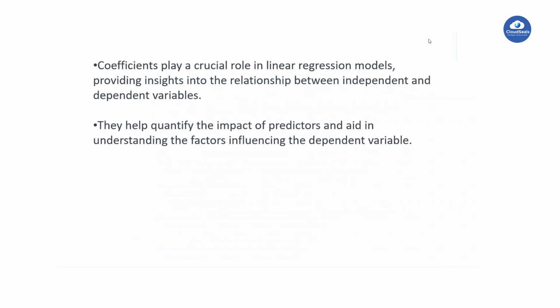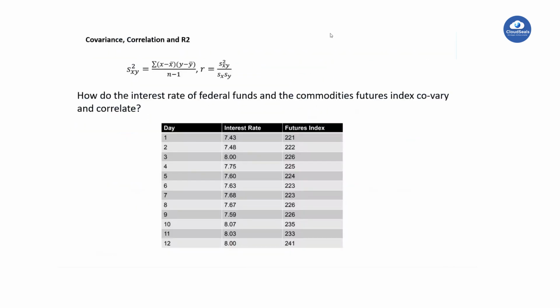Ma'am, how can we get the Sx and Sy values? Yeah, same. See, for s square xy, we calculated x minus x bar, y minus y bar. If we want to calculate Sx only, what we'll do? S square x is equal to sigma of x minus x bar squared by n minus 1.